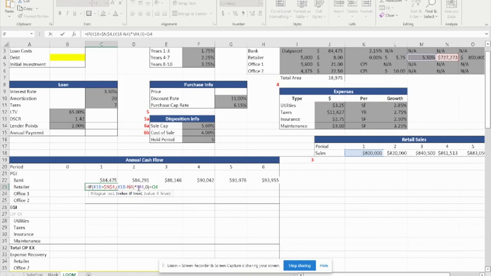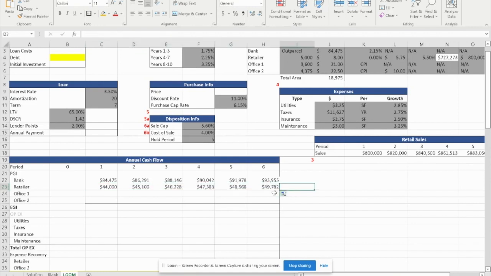We're going to anchor this cell, and we're also going to anchor the base rent. By doing so, we can drag it across, and it's going to do the same calculation for years 2 through 6. And you should have $49,000 in rent for the retailer for year 6.